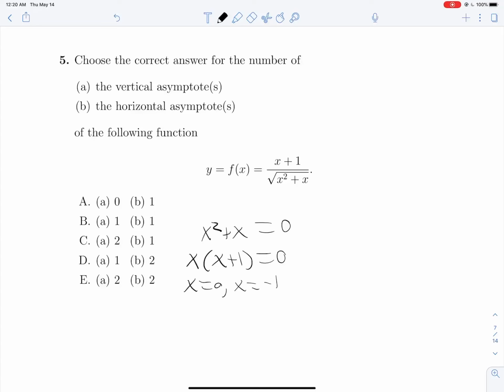Question 7, determine the values of the constants a and b such that the function is continuous everywhere. So since this function is piecewise and kind of splits at the point x equal to 1, we immediately have a big problem to deal with, which is that this function here seems to be undefined at x equal to negative 1. We will get a denominator of 0 here.